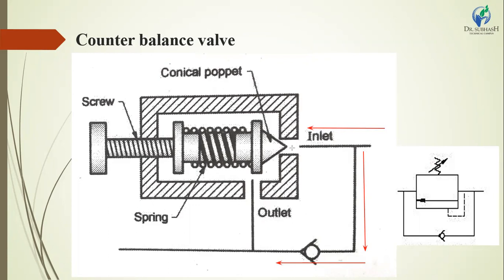If the pressure increases inside the line, the conical poppet moves from the right side to the left side, and the excess oil can pass through the counterbalance valve to a return line, and this point goes to any hydraulic working system.